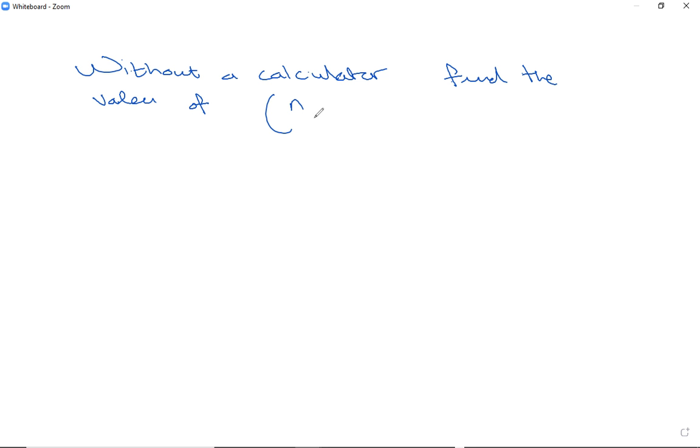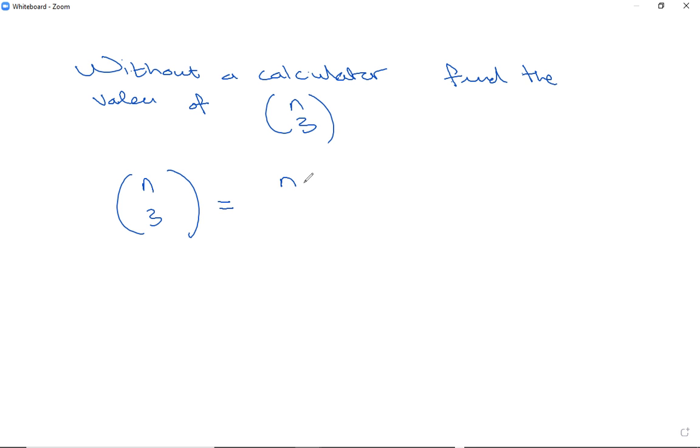So the question will say, without a calculator, find the value of, let's say, nC3.